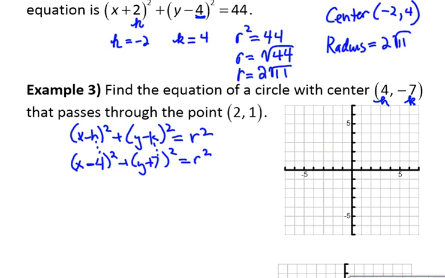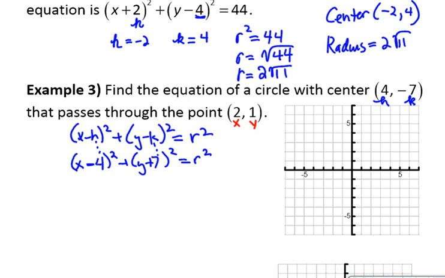We have this other point provided, 2 and 1. It's not the center, so it can't be h and k; instead we're going to call it x and y. Just like we found the value of a by substituting everything in, we're going to figure out the value of r the same way.